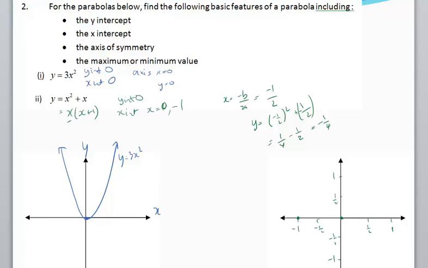So we know our curve goes through those 2 points here. Our axis of symmetry is at minus a half here. And our minimum point here is at minus a half, and our y at minus a quarter, about there. So our curve goes down through minus 1 to this point, our minimum here, up through here, and out here. So y is equal to x squared plus x.